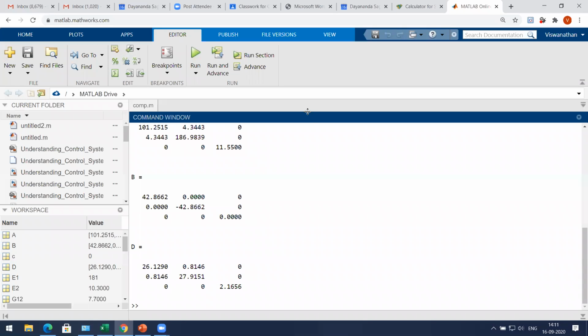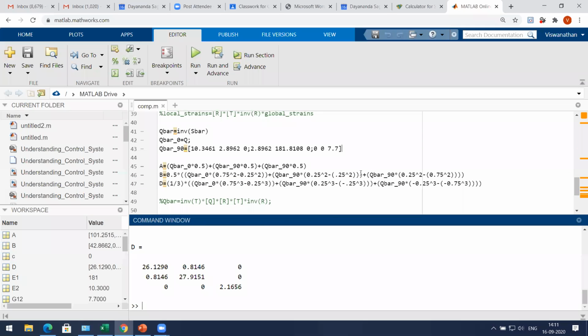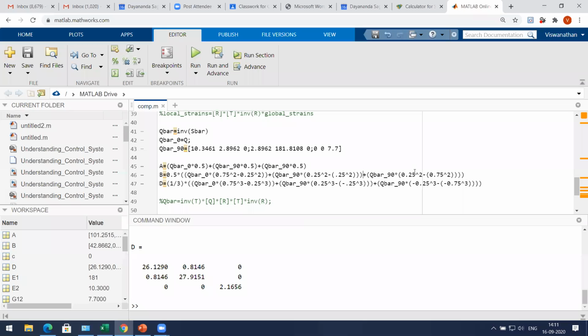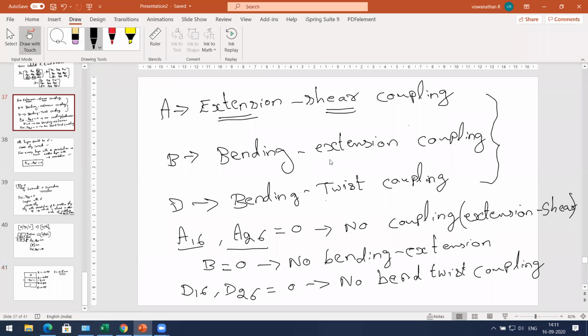So I made a small change from 0/90 to 0/90/0/90 and checked that the B matrix is not 0 now. So what type of coupling is there? Bending-extension coupling will be there.